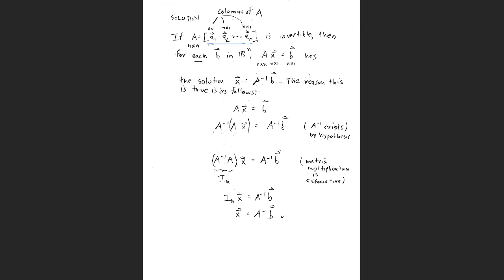We can write a matrix A in terms of its column vectors. And if the matrix A is invertible, then certainly for every vector B in n-dimensional space, AX equals B would have to have a solution.